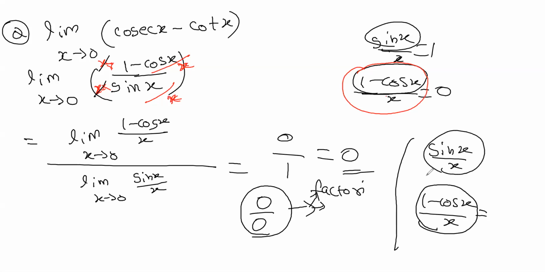If you don't want to do it in this method, we have another formula: 1 minus cos x is equal to 2 sine square x by 2. Cos 2x equals 1 minus 2 sine square x; I just reframed it. 1 minus cos x equals 2 sine square x by 2.